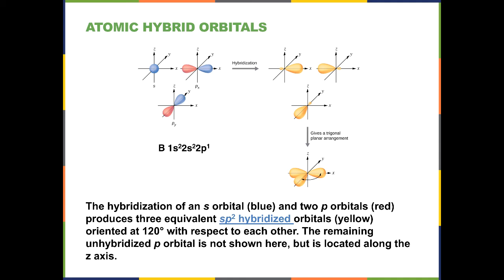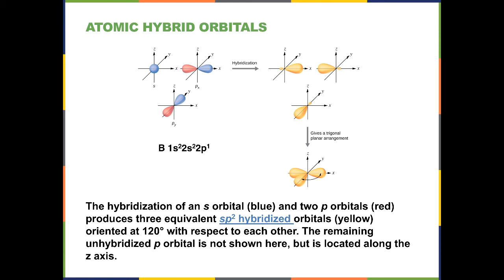Now this shows the hybridization of the 2p orbitals with the 2s. So you start out, here's boron. Boron again has 2 electrons in the 2s and 1 electron in the 2p. And the 1 electron we can say is in the 2px, but you also have available 2py. And the hybridization occurs forming sp2 hybrid orbitals.